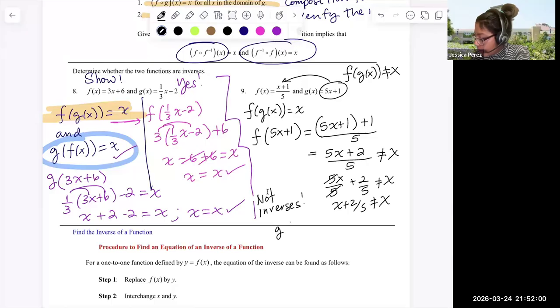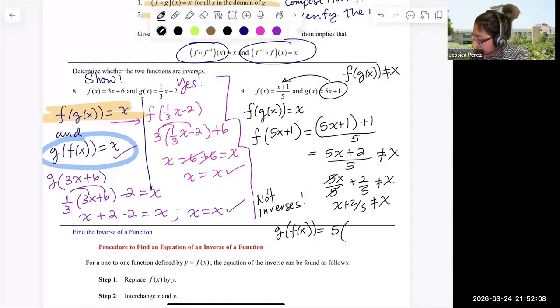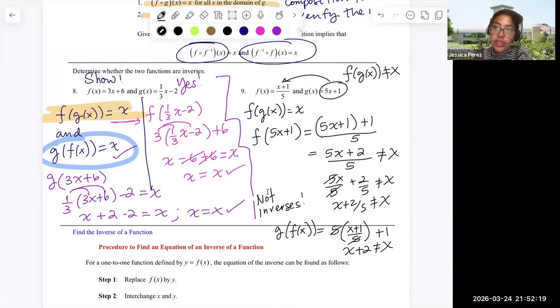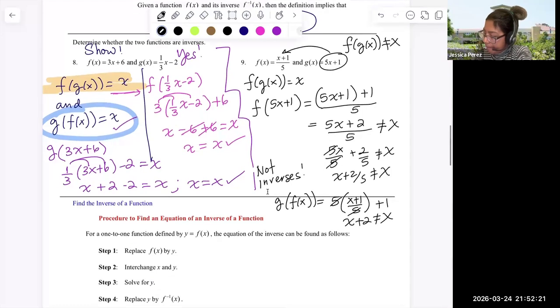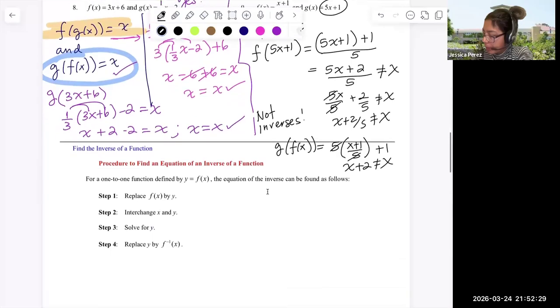We could have done g of f of x and then notice that's 5 times x plus 1 over 5 plus 1. So this is x plus 2, which is not equal to x. So both of those conditions fail. So we've shown whether something is an inverse versus what's not an inverse.